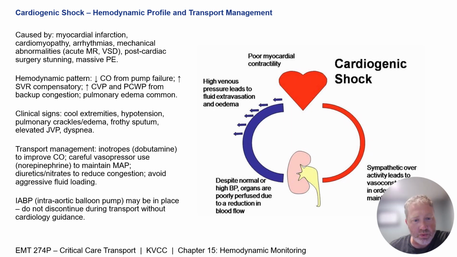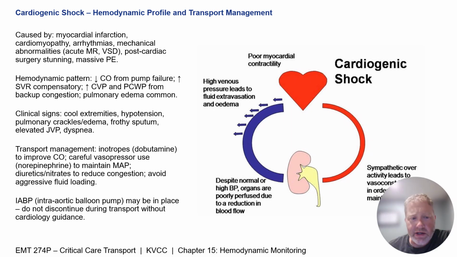And as a result, you've got increased SVR, increased CVP, increased wedge pressure, all because of that backup congestion. And as a result, pulmonary edema is very common. Clinical signs: cool extremities, hypotension, pulmonary crackles and edema, frothy sputum, an elevated JVP, and some dyspnea.